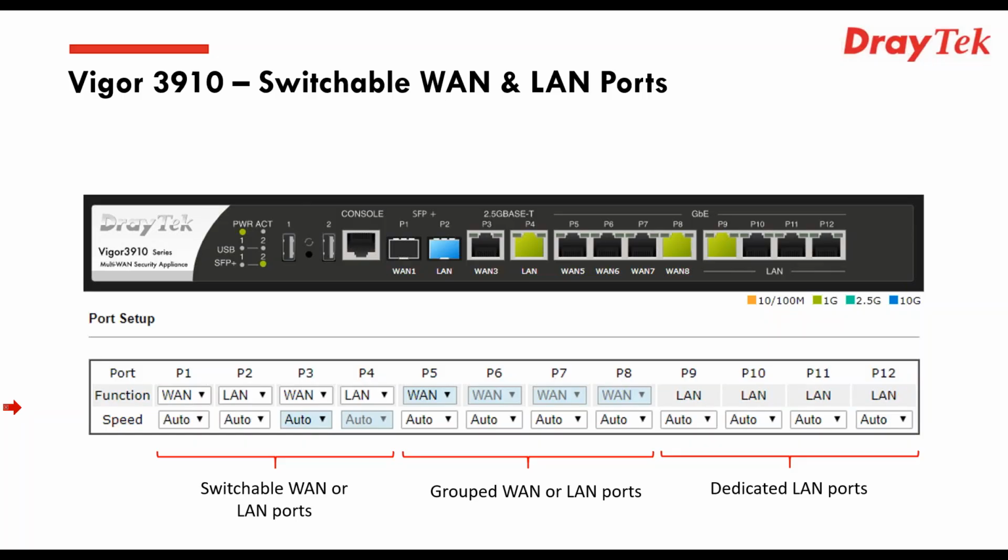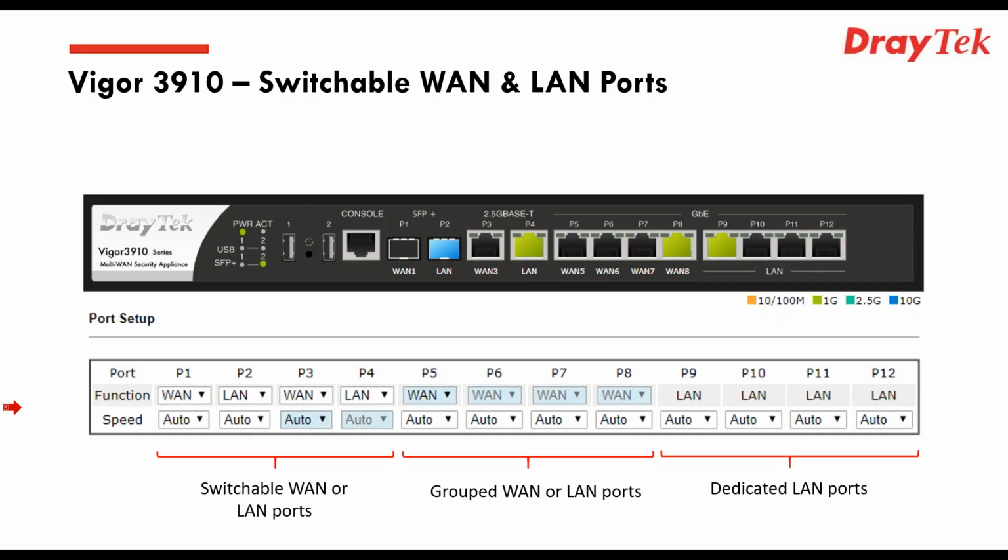The actual configuration in the web interface is shown below, and we can see how flexible really the interfaces are for configuration. So we can specify very easily the function. Is it a WAN port or is it a LAN port? The first set of ports, 1 through to 4, they're all switchable WAN or LAN ports that you can select. Ports 5 and port 8 are grouped WAN or LAN ports.